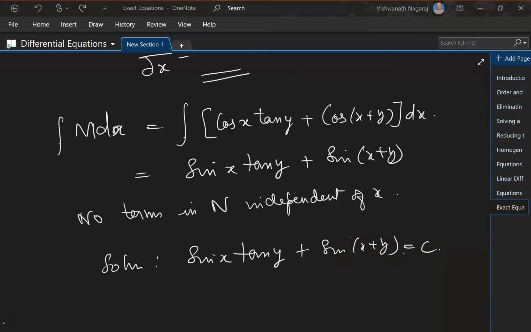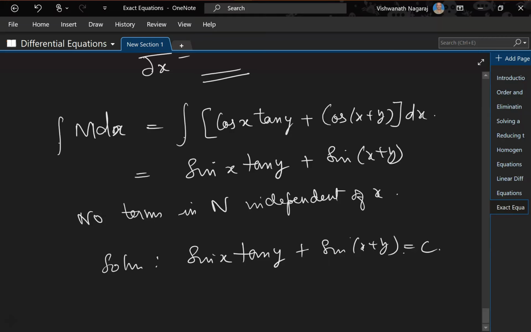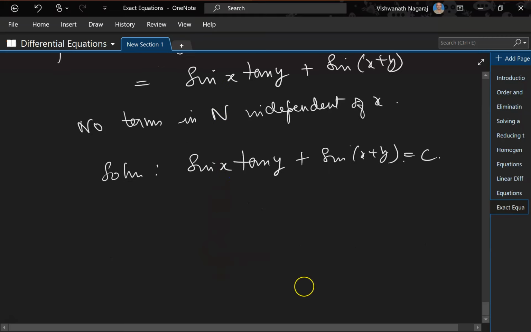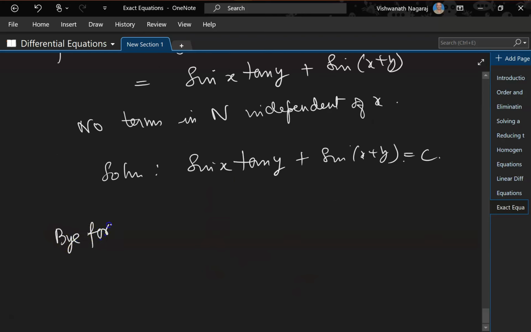Now if there are terms independent of x, just take those terms and integrate them with respect to y and just incorporate that into this equation. Okay, I think that's enough. Bye for now.